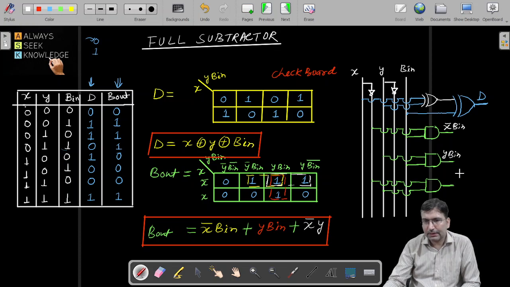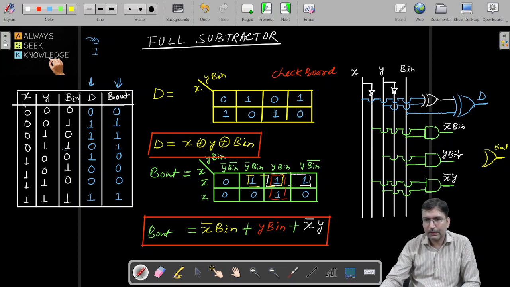And this is X bar and this is Y. Now these things we can connect to an OR gate. So let's say we are having one OR gate here like this, and here we are getting B out.